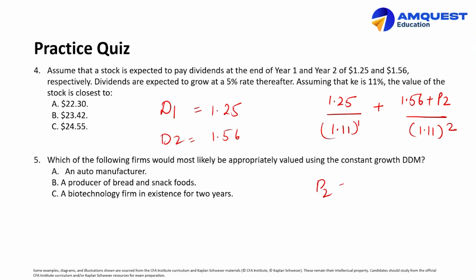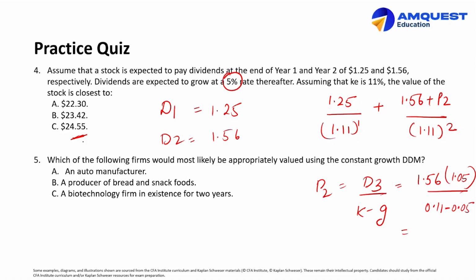Now to get P2, the formula is D3 divided by K minus G. D3 is D2, 1.56, multiplied by 1.05, divided by 0.11 minus 0.05. So now I think you'll be able to solve. Yes. Is it option C? Yeah, the answer is option C, 24.5. Okay, so whenever you come across such questions, first write down the values, then try to write down the formula.